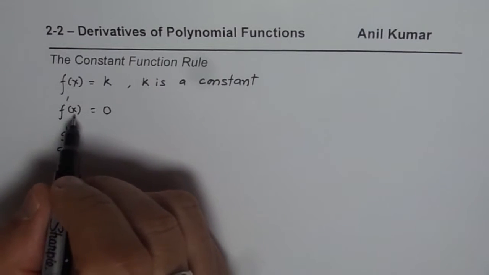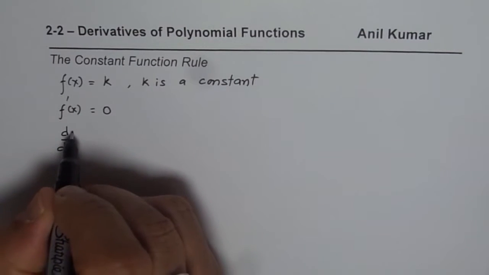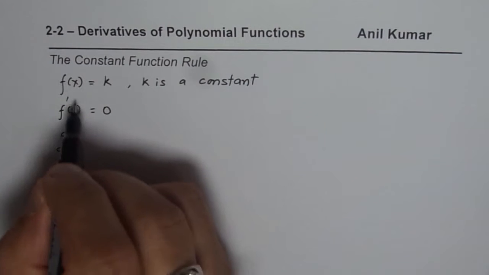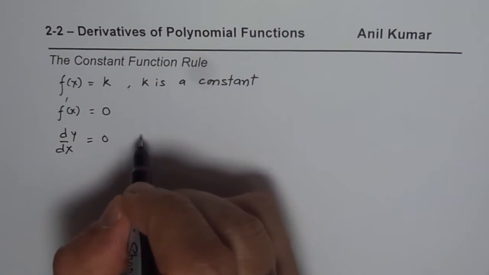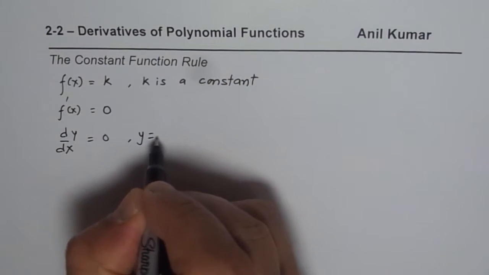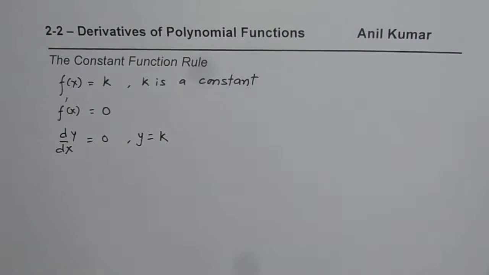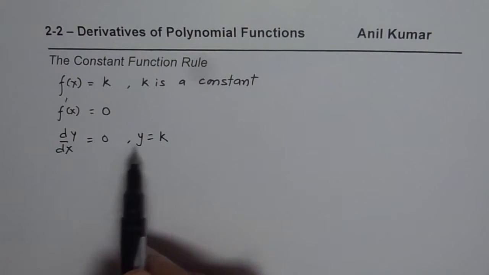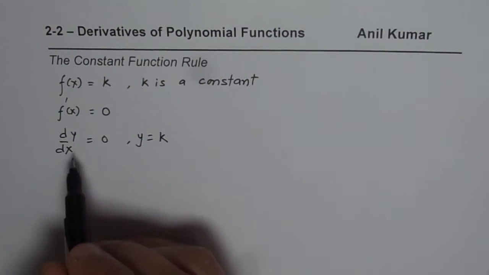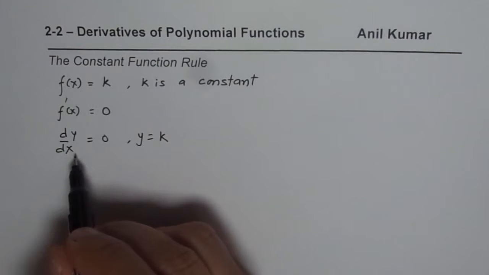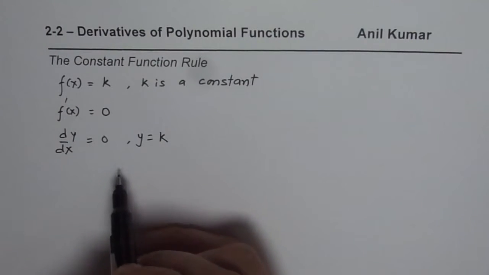We also write the function as y equals k, and then the derivative as dy over dx. That is another standard way of writing, so we will use both conventions.